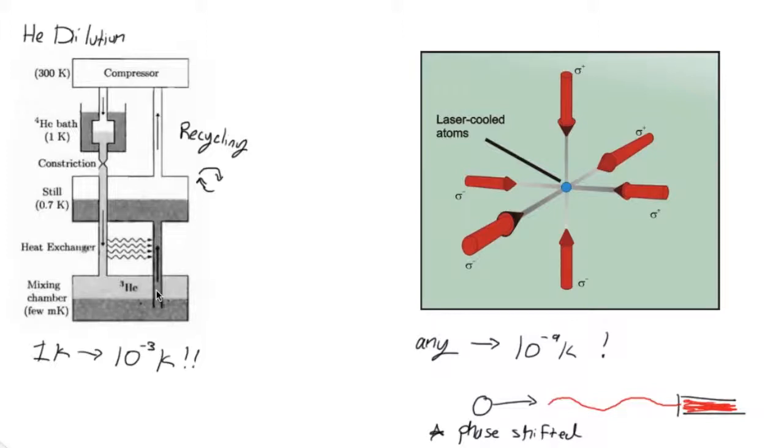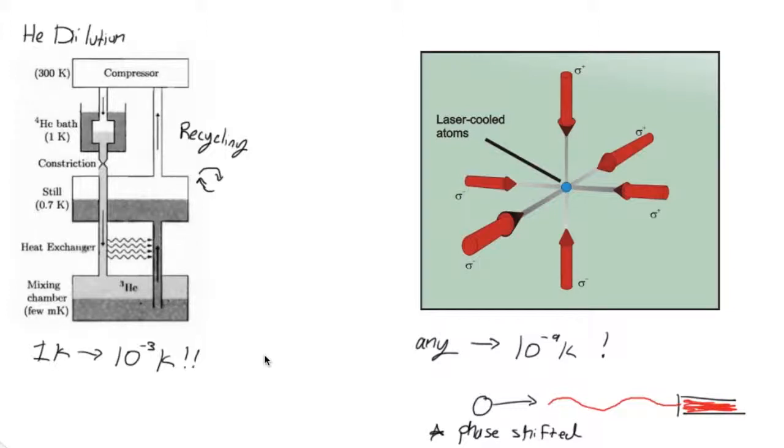This cools the helium still further through evaporation in the mixing chamber, which is down here. This is where the system is coldest. This lets us get into the millikelvin range, which is awesome.